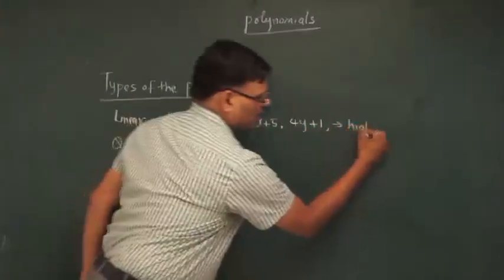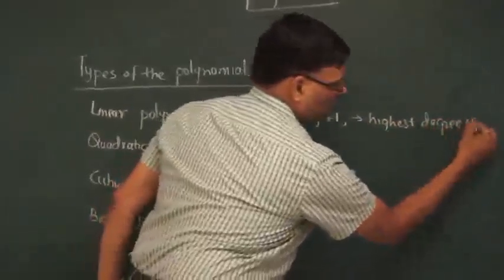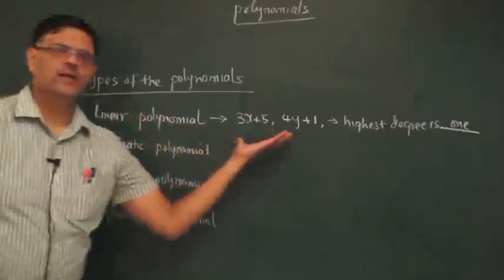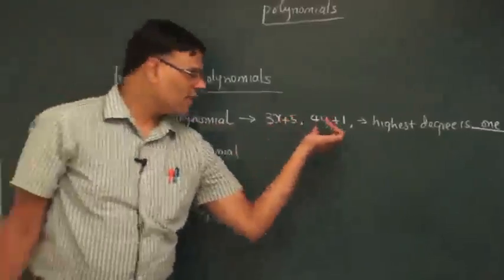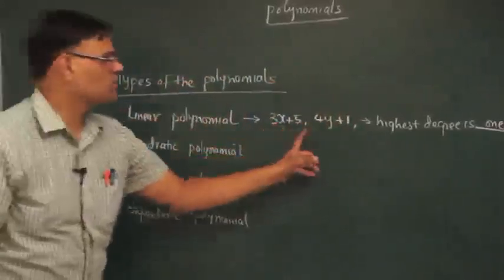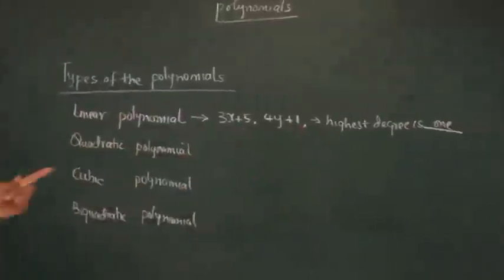In both the expressions highest degree is 1. Then it is called a linear polynomial.